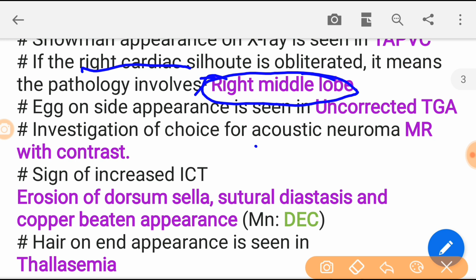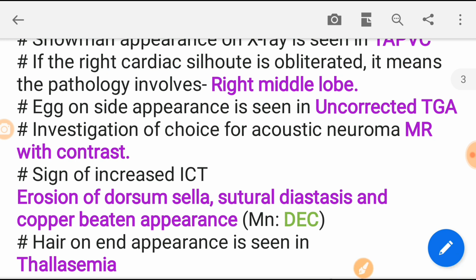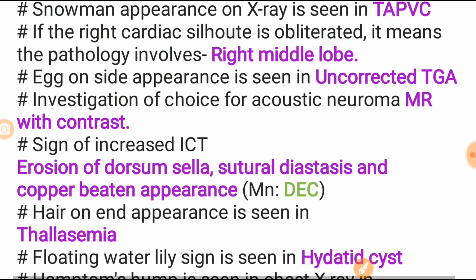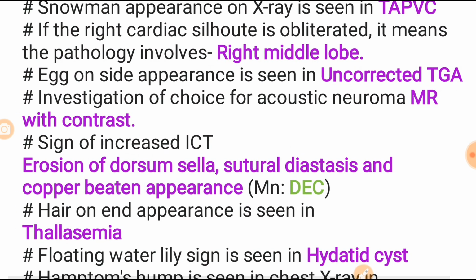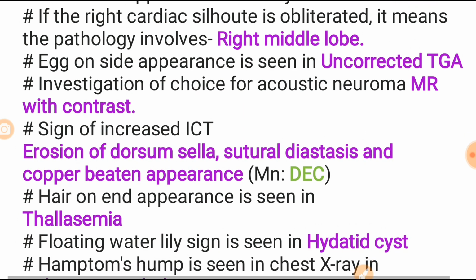I will not detail it here. I will upload a video of radiology for such topics. Next one is egg on side appearance, seen in uncorrected TGA.